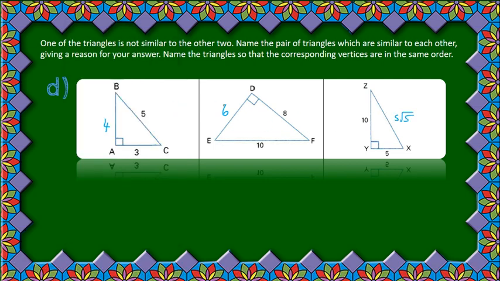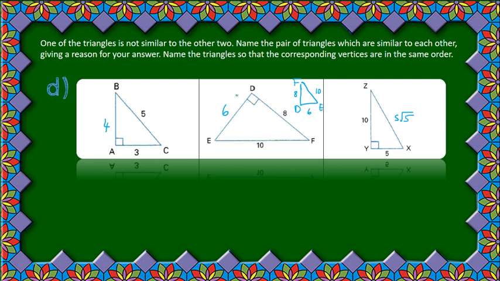So these two seem more likely. If I flip this one around, just in your mind, like maybe draw it like this, where our 6 is at the bottom here, so we have this as D, then this as E, and this as F, so that it looks more like this one, in the same order. We have 6 over here, 8 over here, and our hypotenuse 10. So 3 times 2 gives me 6, 4 times 2 gives me 8, and 5 times 2 gives me 10.